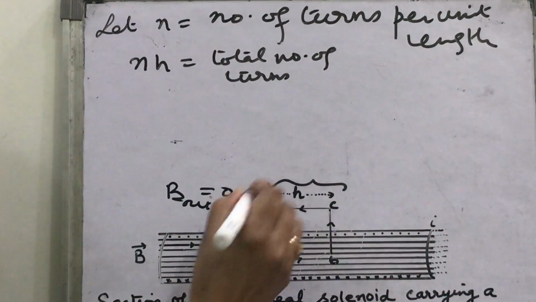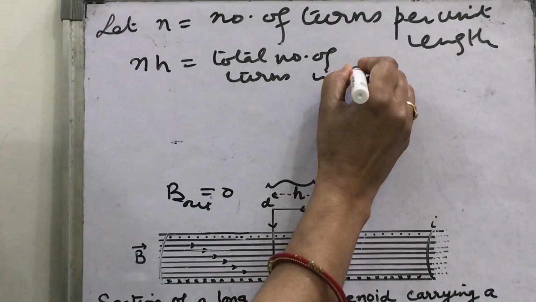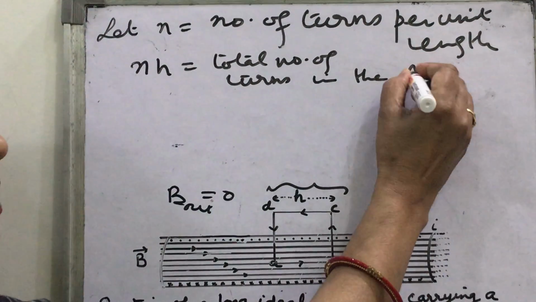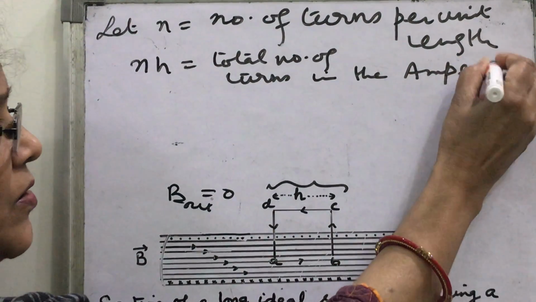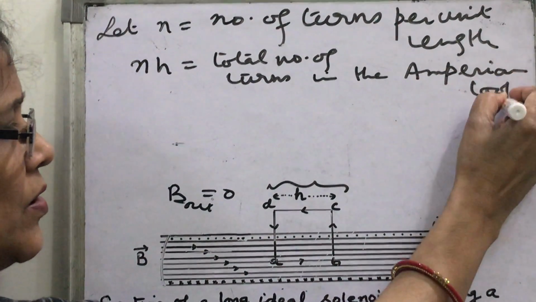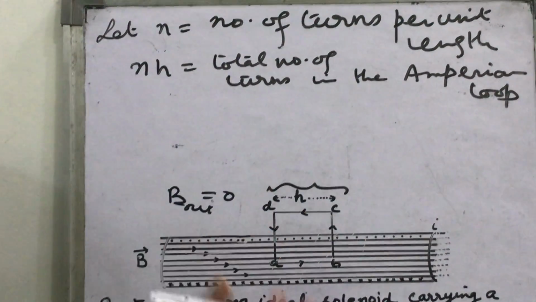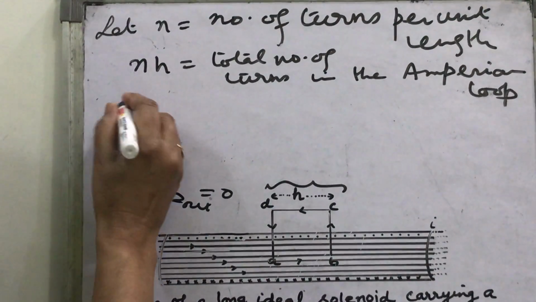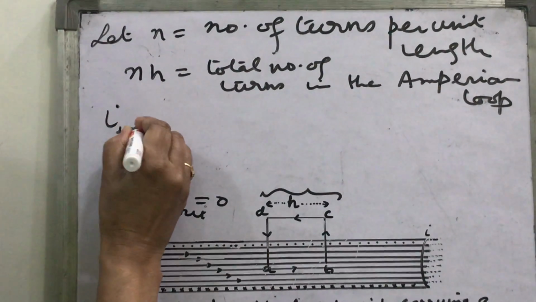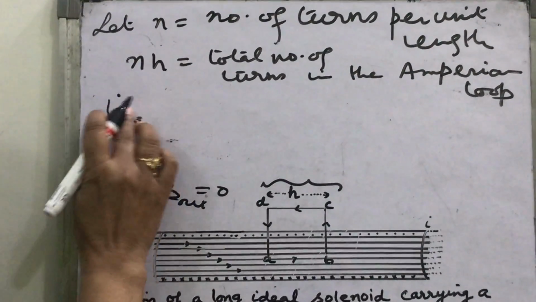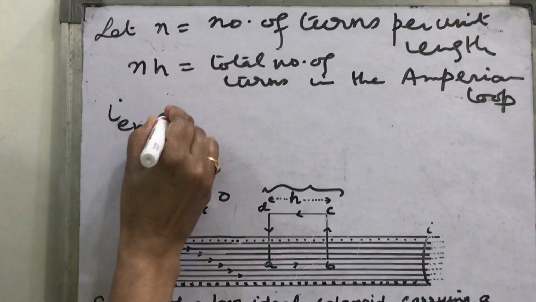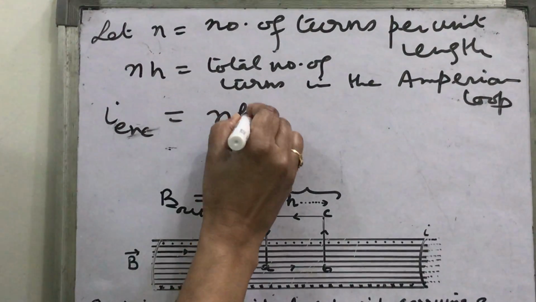in the Amperian loop, and the current associated with all these loops will be, what will be I enclosed? I enclosed can be written as nhI.